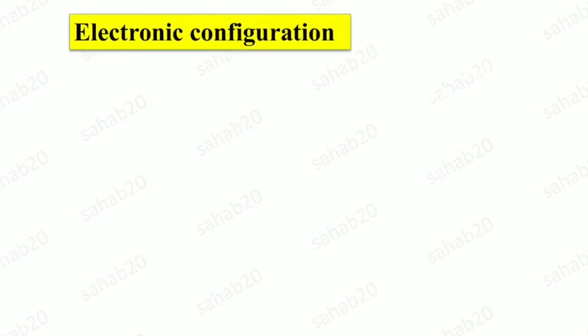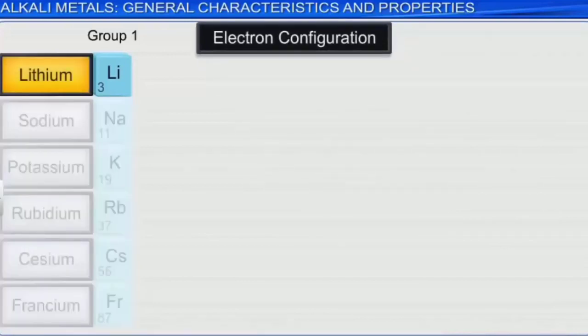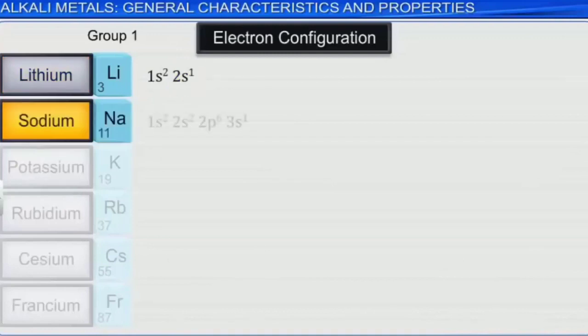The first property is electronic configuration. If you see the first element, lithium, atomic number 3, the electronic configuration is 1s2, 2s1. Similarly, sodium. What is the atomic number? 11. Electronic configuration 1s2, 2s2, 2p6, 3s1.